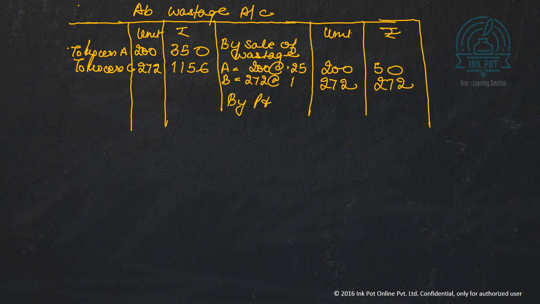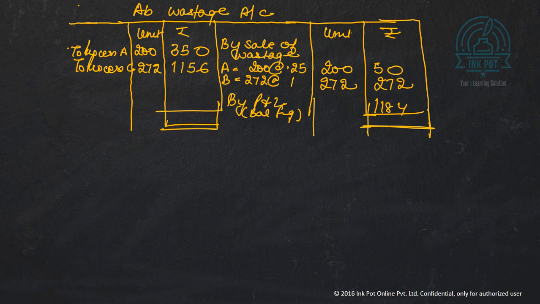This is your balancing figure, and the balance amount will be transferred to P&L account, which is 1184, right? So this account is closed. Total is 1506 here, also 1506. This is abnormal wastage.